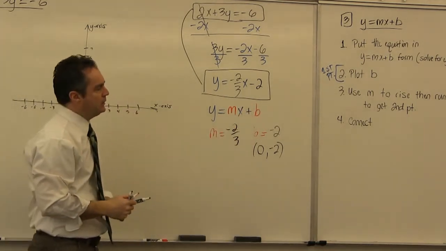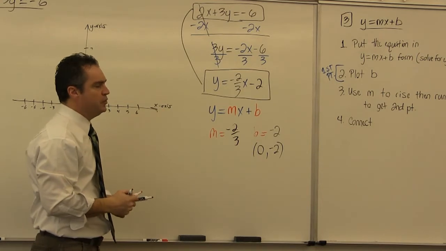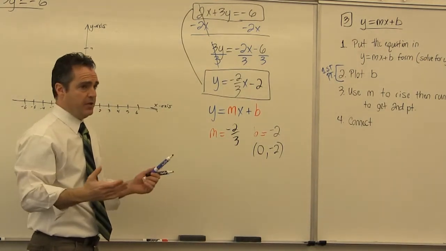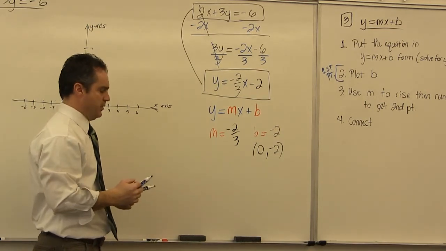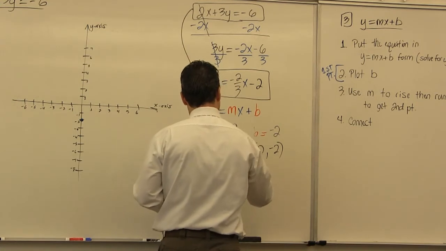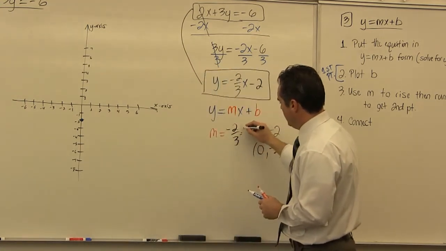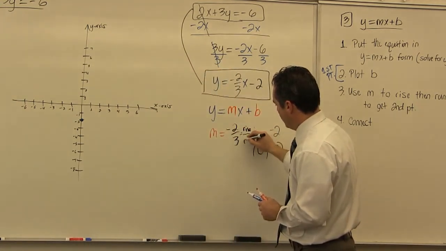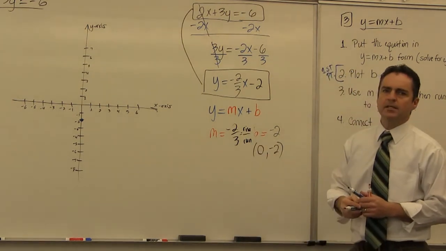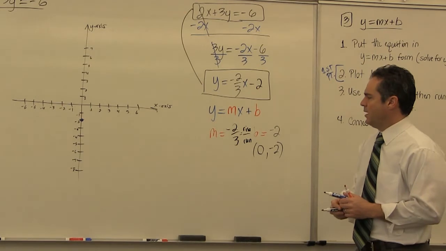Now, our last step here says use m. M is our slope. And slope by definition means rise over run. So let's look at this right here. This equals rise over run. So our rise is negative 2, and our run is 3 in our slope.